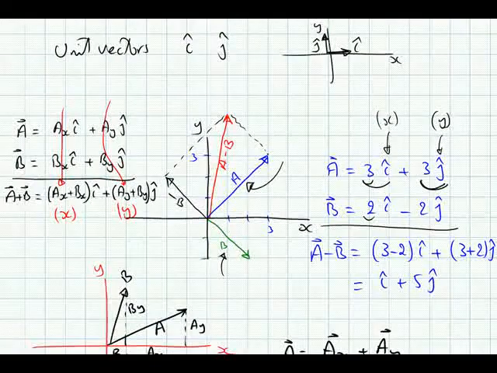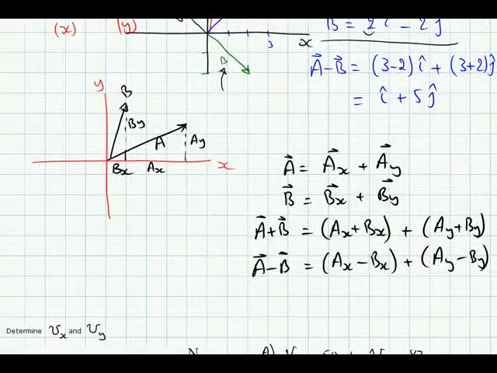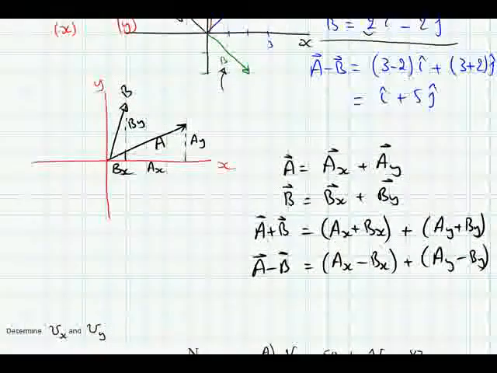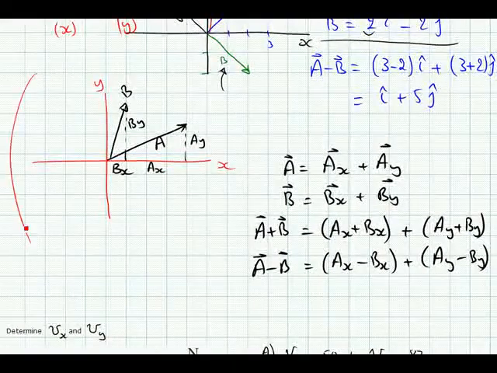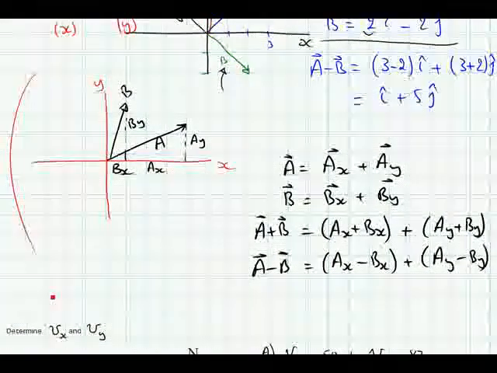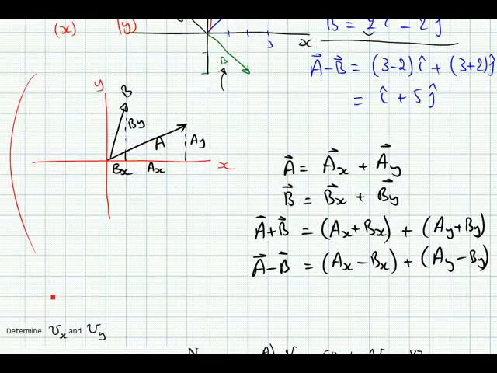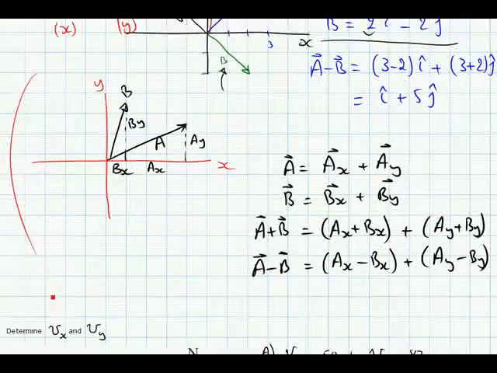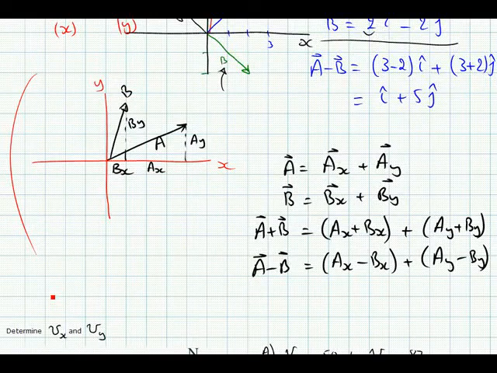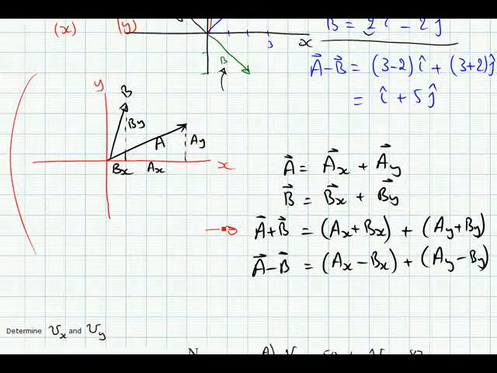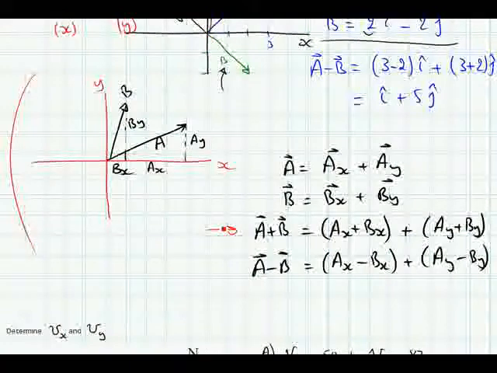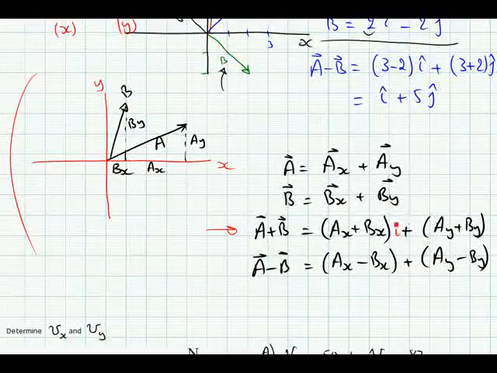Actually, what I just mentioned up there, I've also tried to show graphically here. You notice that I have two vectors A and B, and I've also shown their respective components ax, ay, and bx, by. If you're interested in the sum of the two vectors, then you add up the x and the y components.